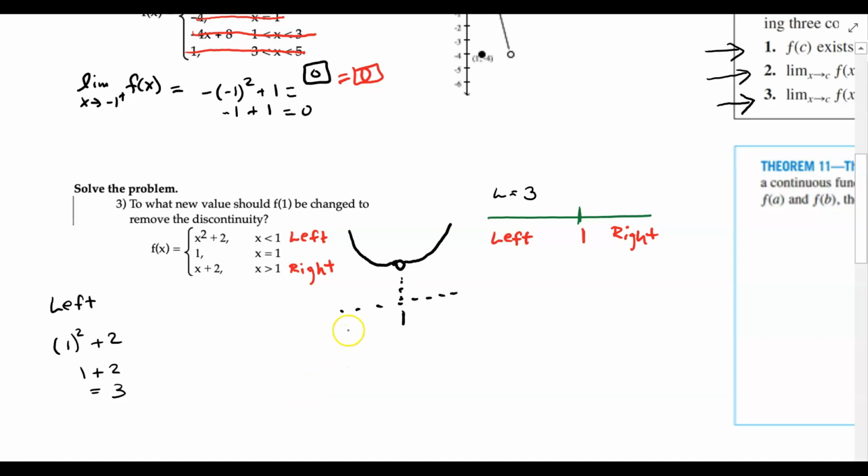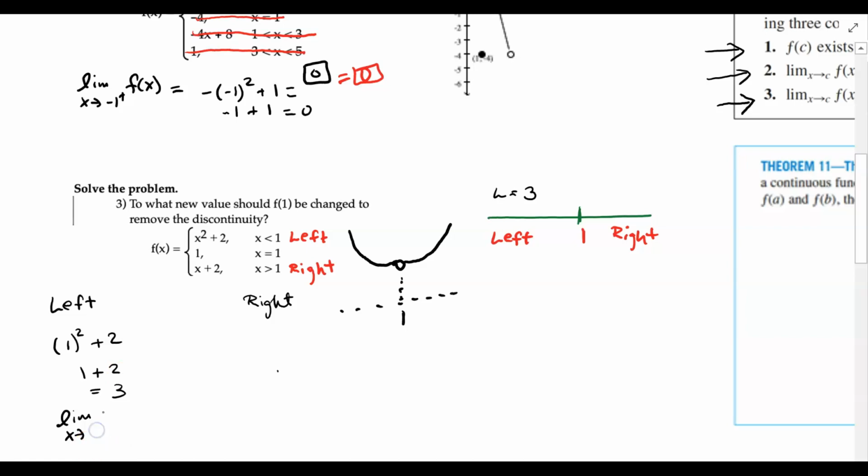Now let's verify the right-hand limit. Again, these are limits. So we're checking the limit, and let me write that down here at the bottom, just so you know we're still talking about limits and not necessarily plugging in.